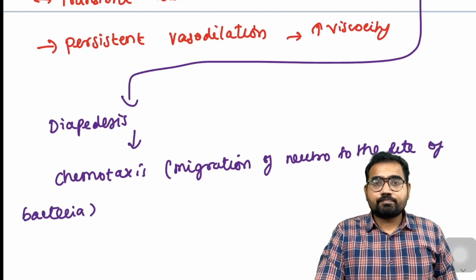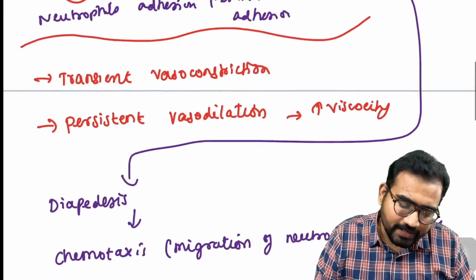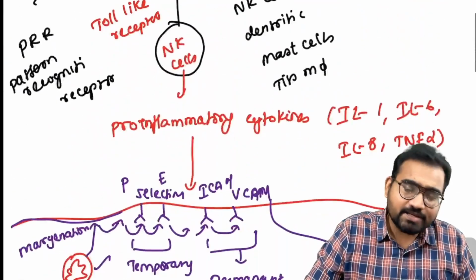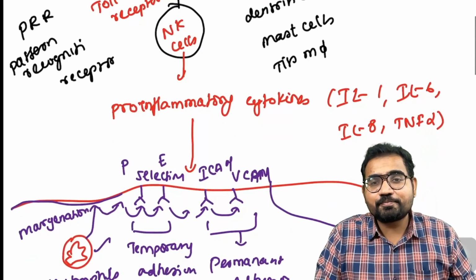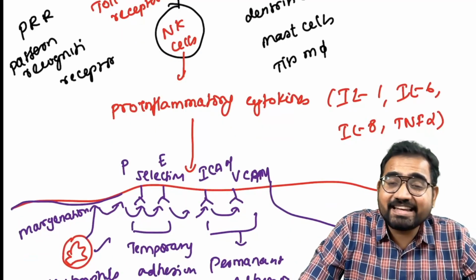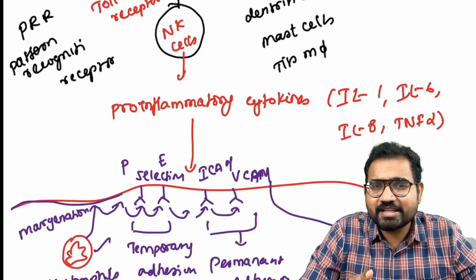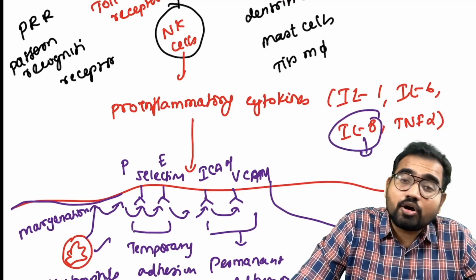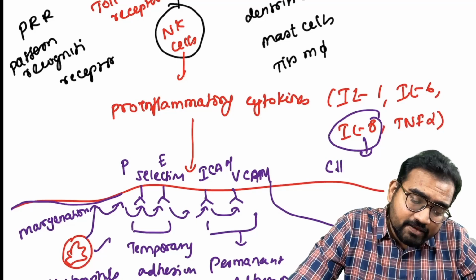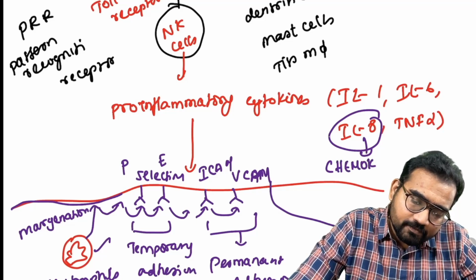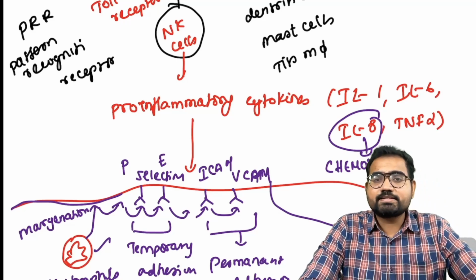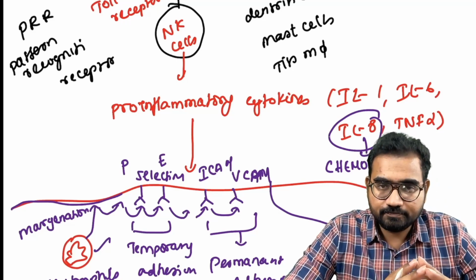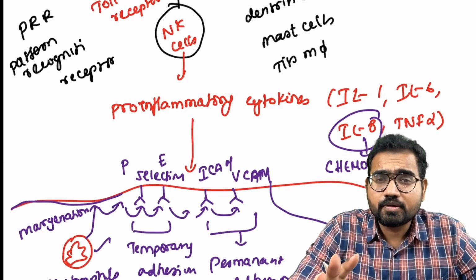Who does this job? Can anyone tell me? Exactly. As I told you, there are a few pro-inflammatory cytokines secreted by toll-like receptors, which are pattern recognition receptors. These are otherwise called chemokines.